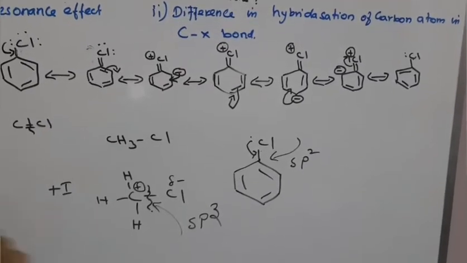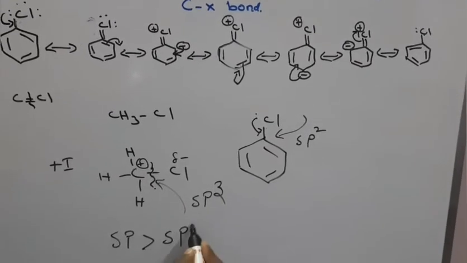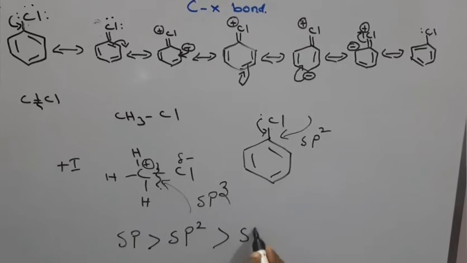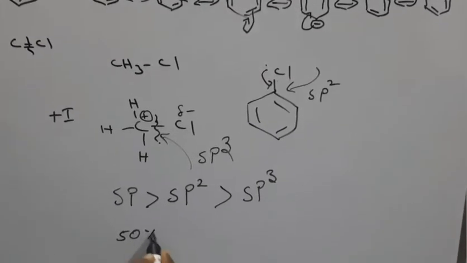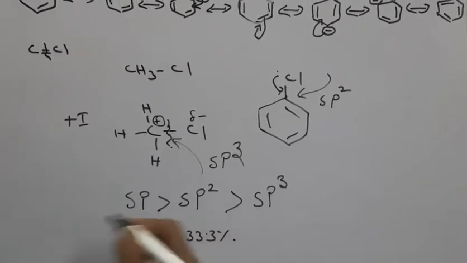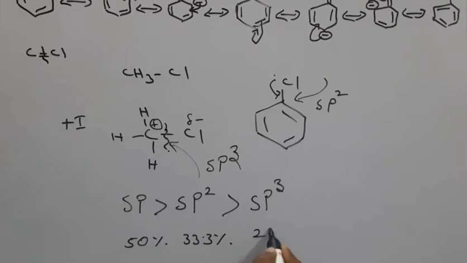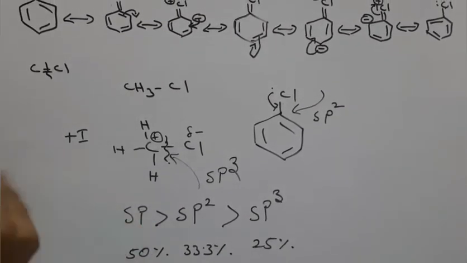So what is the stability order? sp greater than sp2 greater than sp3. Here sp has 50% s character, sp2 has 33.3% s character, and sp3 has 25% s character. Here sp is ruled out.